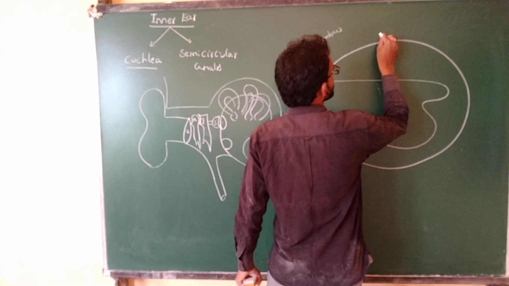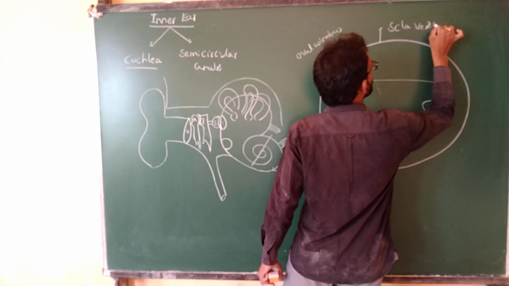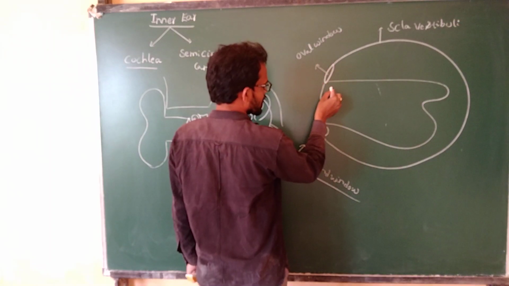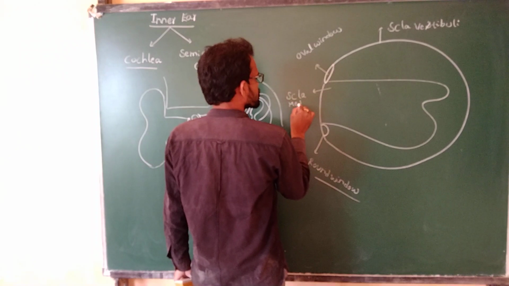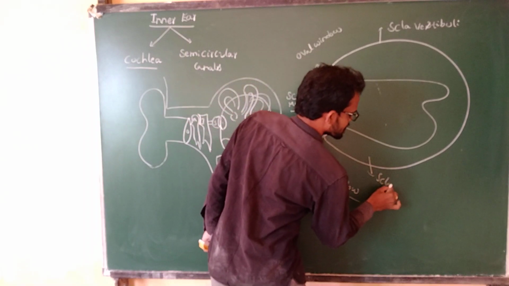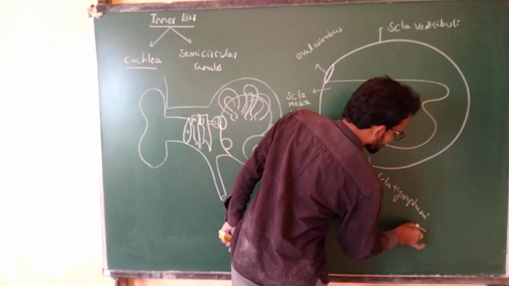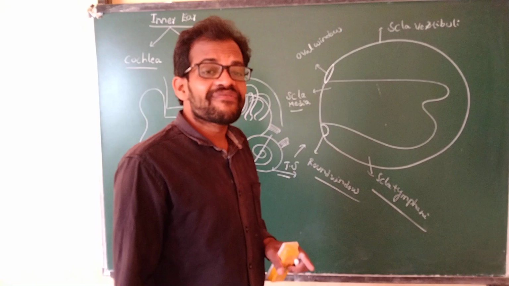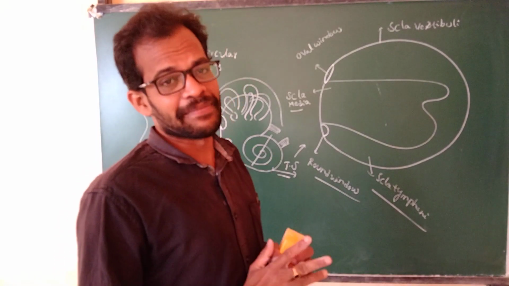See here, this indicates the scala vestibuli. Next is the scala media, and then the scala tympani. This cochlear part is divided into three main parts: scala vestibuli, scala media, and scala tympani.